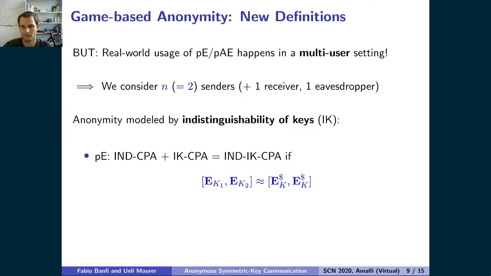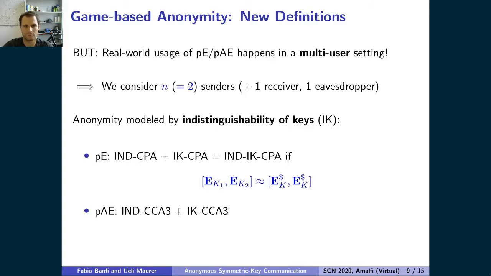Whereas in the other case, the distinguisher gets access to two systems which encrypt messages with the same key. And on top of that, they also encrypt random messages. So this notion captures both confidentiality and anonymity for PE.